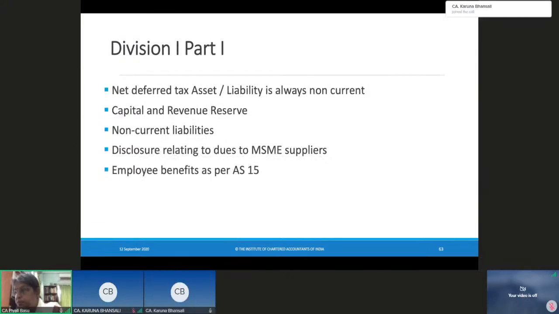Debit balance: in case there is a loss in any particular year, that has to be shown as a negative figure under the surplus, deducted from the surplus. After adjusting, it should always give the net balance.